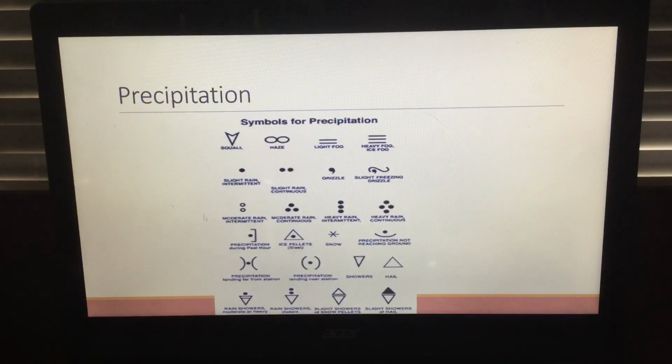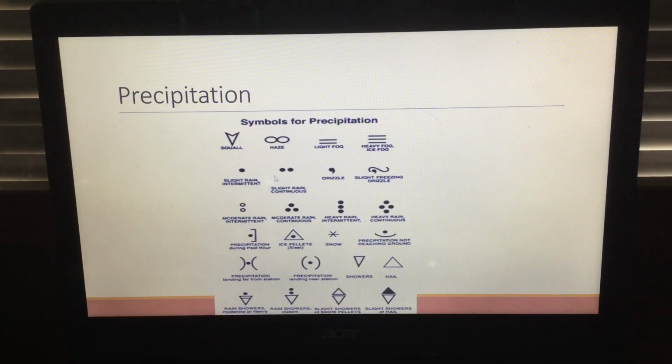Moving on to precipitation, you guys need to remember these ones. I suggest you check the notes. This will be uploaded in whatever online system you guys are using, if that is the case. Otherwise, take your notes now. Just a few symbols for precipitation. One black dot is slight rain, but it's intermittent, so it's stop-start.